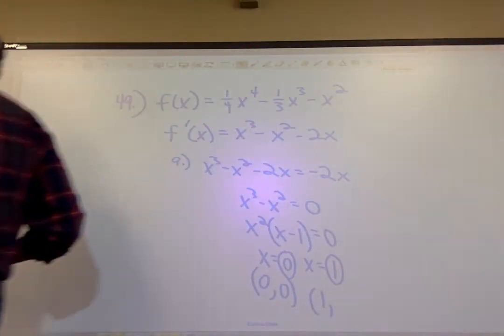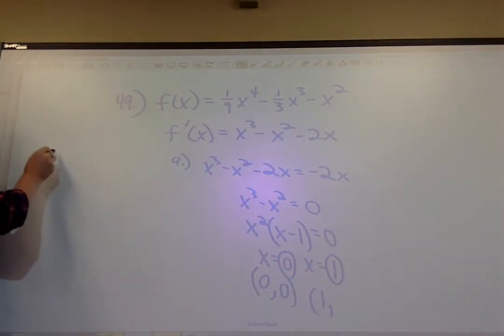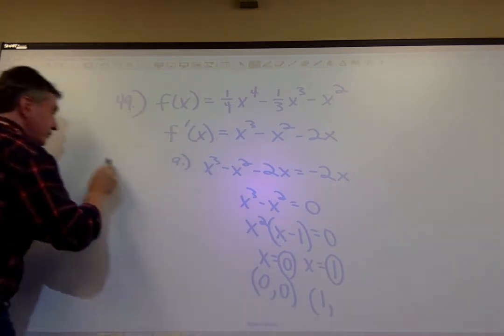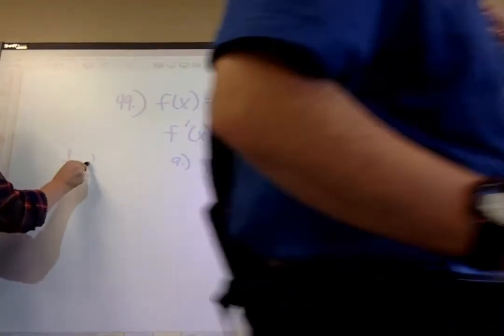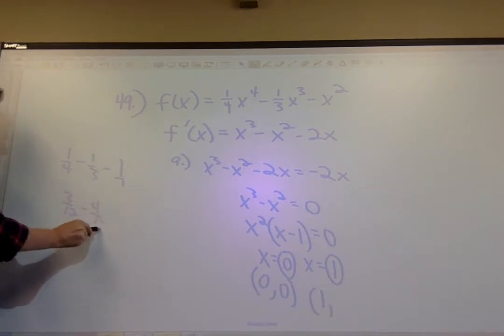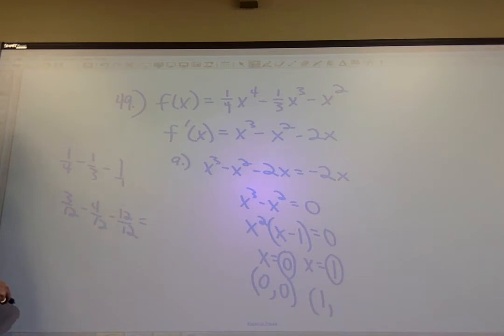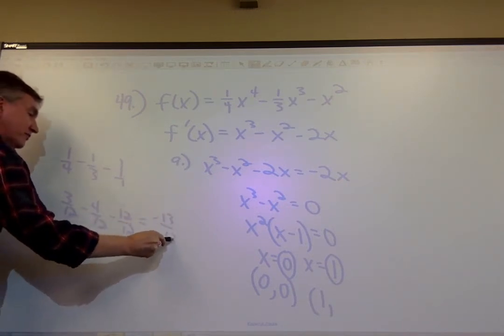If I plug 1 into f, I would get 1/4 minus 1/3 minus 1. With a common denominator of 12, that would be 3/12 minus 4/12 minus 12/12, right? 3 minus 4 is negative... Is that negative 13/12?